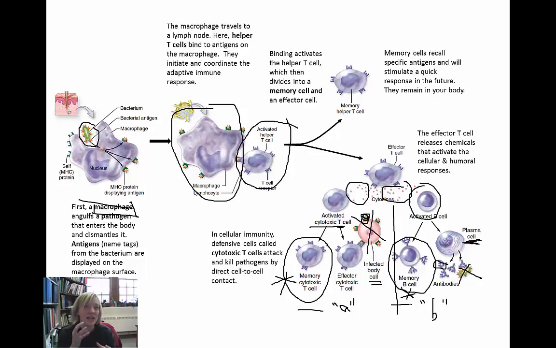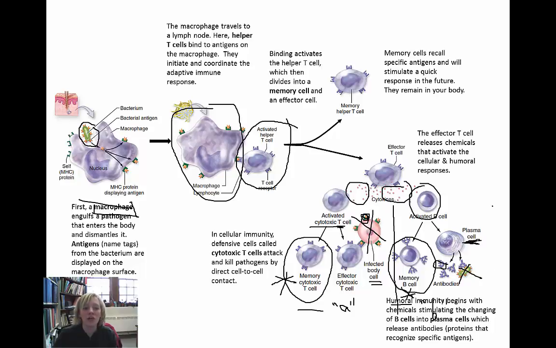So it's the pathogens that have infected body cells that are being destroyed in this process. And on the other side, during the humoral immune system response, what we see is the production of those B cells morphing into plasma cells almost immediately, and it's those cells that release the antibodies that target the pathogen.